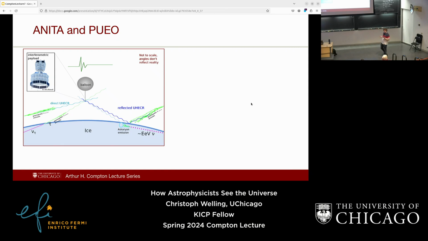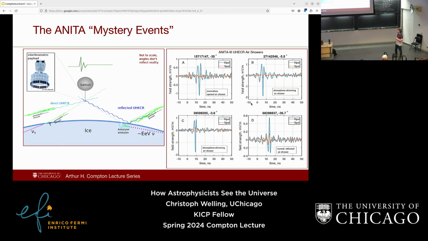ANITA has actually seen something fairly weird. That's called the ANITA mystery events. So what ANITA can see is also these air showers from cosmic rays, which also produce radio signals. You can see them, and you can also see reflections of these cosmic ray radio signals bouncing off the ice.